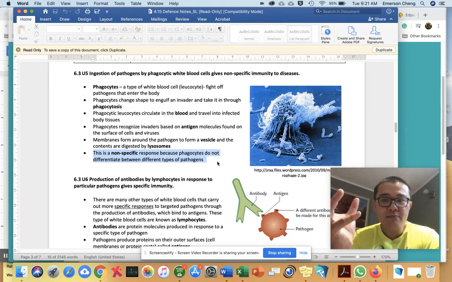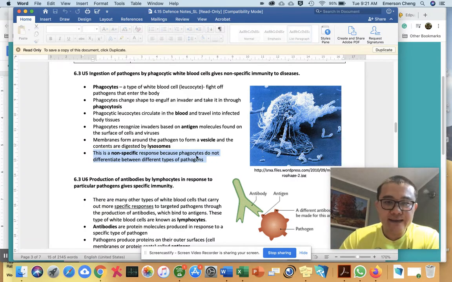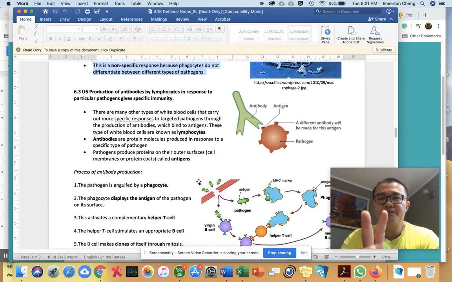The same leukocyte or macrophage or phagocyte would eat really anything. Okay, it's not specifically designed for one type of pathogen.